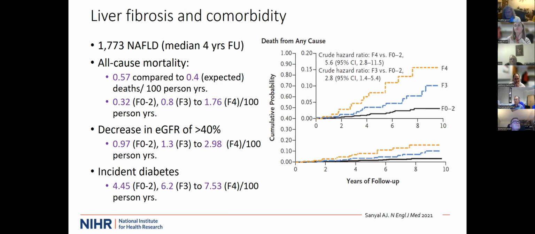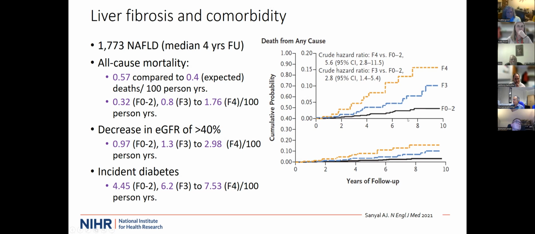By 4 years, you start seeing that this condition is affecting both the lifespan of individuals as well as causing other organ problems. Lifespan means that all-cause mortality, whatever way people are dying, is more than expected from the population within about 4 years of follow-up.